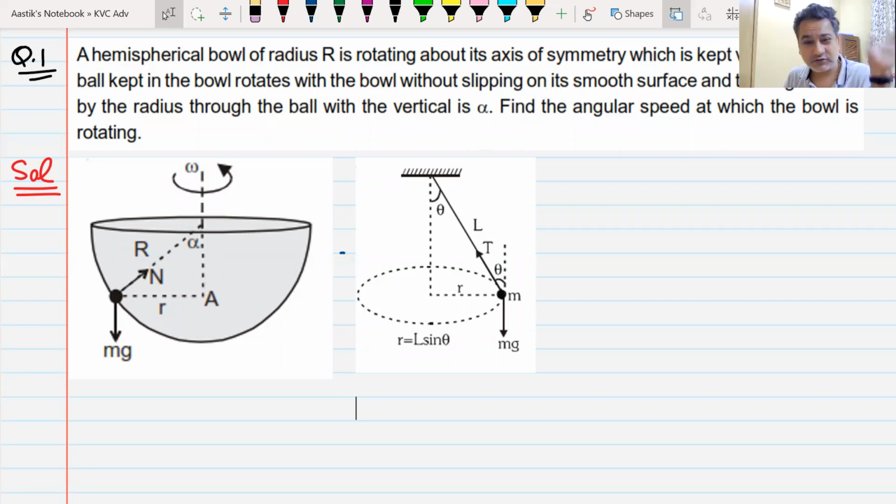The only difference is this is on the left hand side, that is on the right hand side. Both the diagrams are the same. Left hand side, right hand side, nothing else.